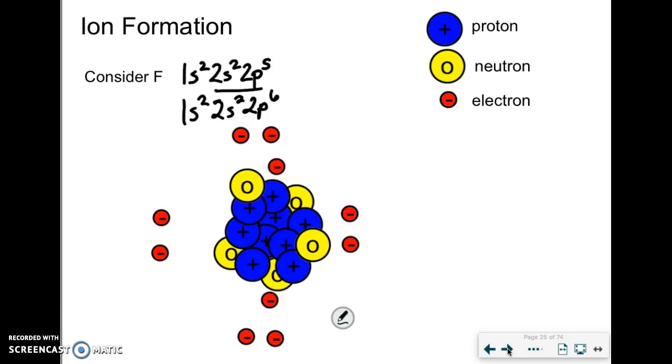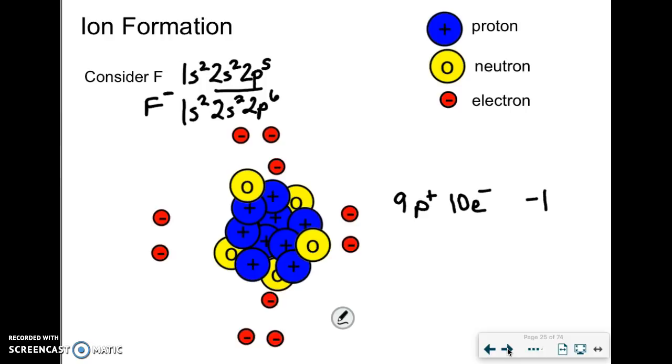If we count this up, fluorine has 9 protons, but now it has 10 electrons. So there is an overall -1 charge on this atom. It is no longer the fluorine atom. It is called the fluorine ion, and we write that with a -1 charge.